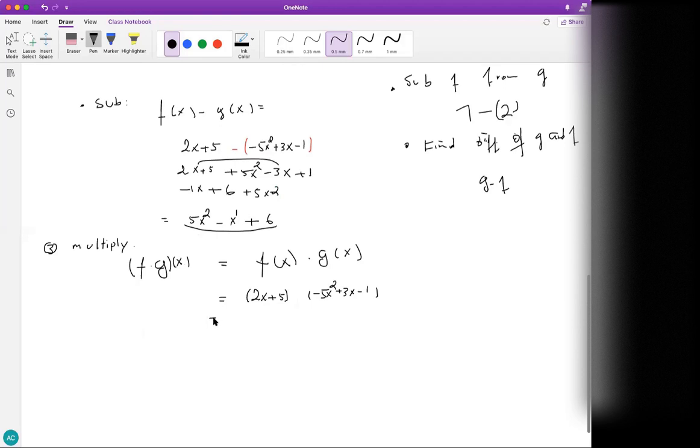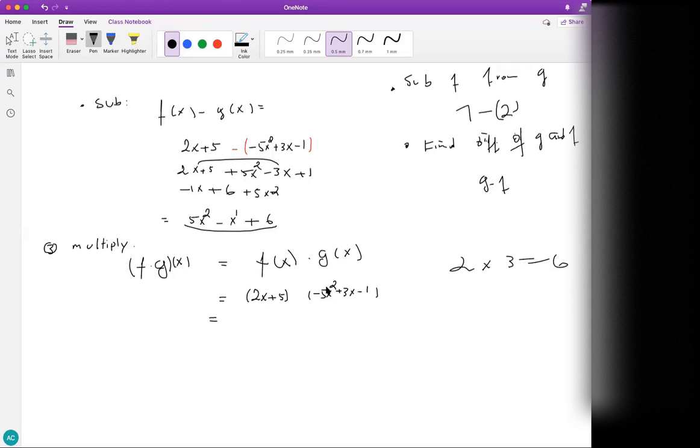Then we distribute. We have 2 terms times 3 terms. How many multiplications are we going to have? 2 by 3 will be 6. 6 multiplications. So let's see those.